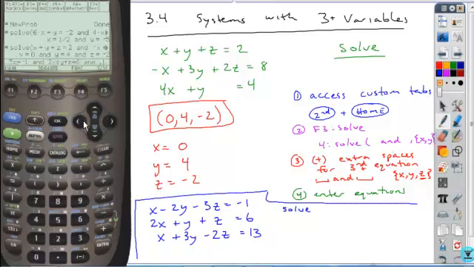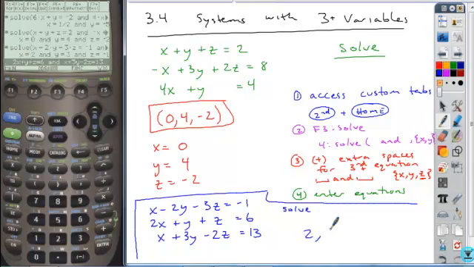Move after your AND and right before the comma. Write your last equation. x plus 3y minus 2z is equal to 13. Hit enter, and you have your new solution set, which is 2, 3, negative 1. So that would be your ordered triple with the solution. x is 2, y is 3, z is negative 1.